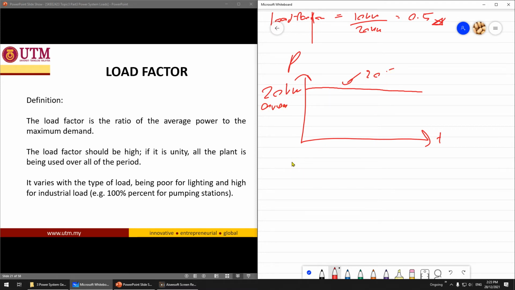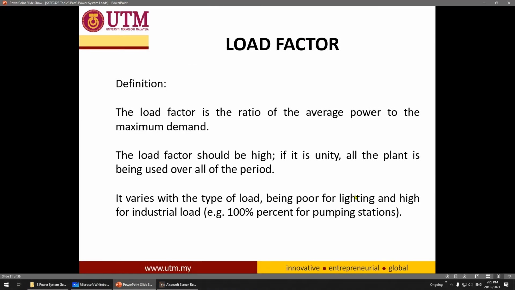So the load factor is equal to 20 divided by 20 kilowatt. Load factor doesn't have any unit, so it is 1, unity. When it is unity, it is good. So you can see why the industrial load is much higher. It has a better load factor.